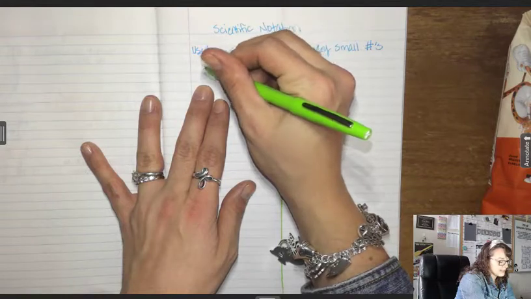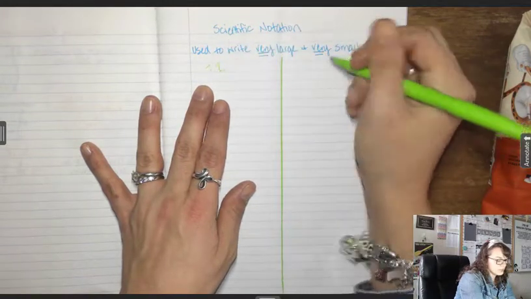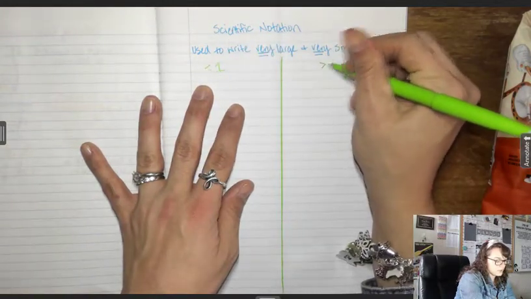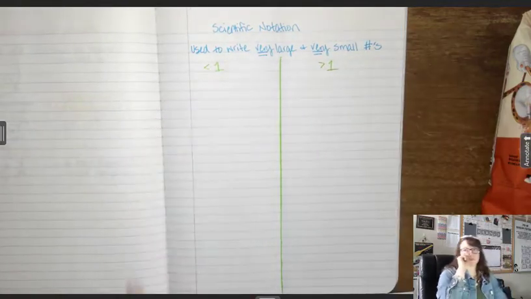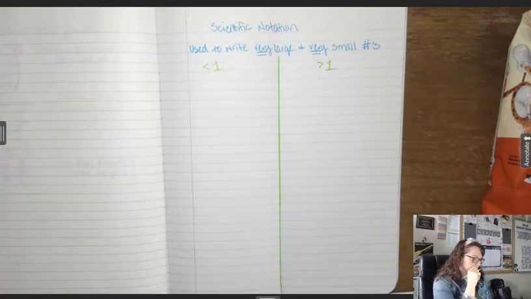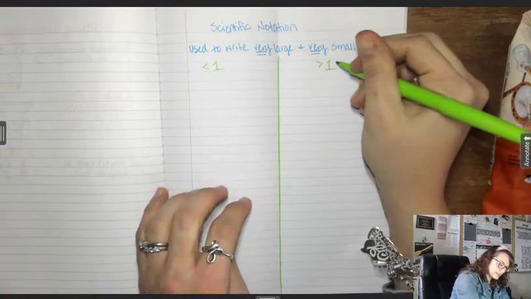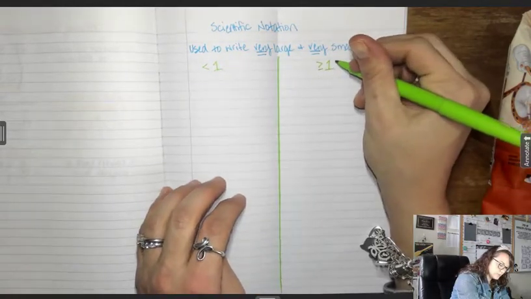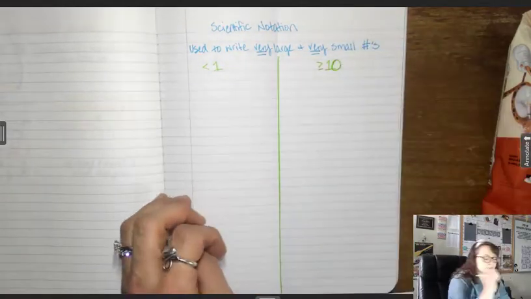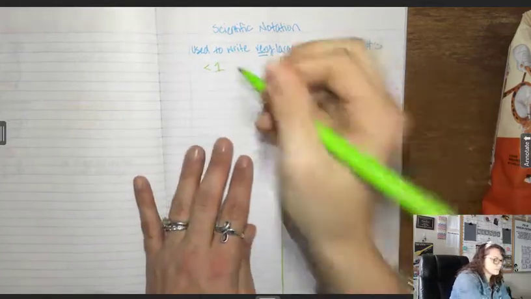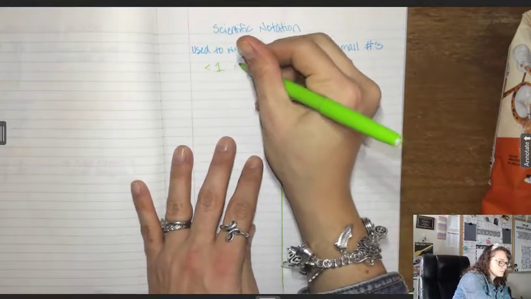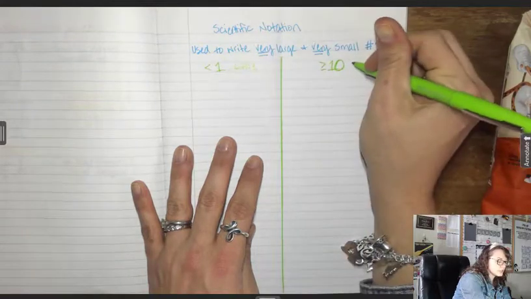Let's be more scientific about it. A tiny number would be less than 1. And larger numbers are going to be greater than or equal to 10. Little and large.